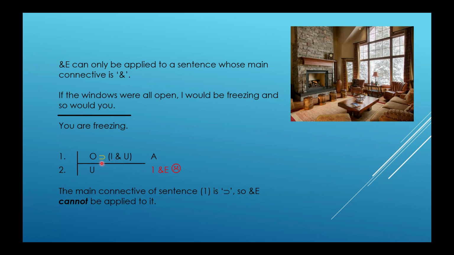You could apply conditional rules to this if you had other things that allowed you to do that. We'll look at conditional rules in a later video. But you can't apply the conjunction rules to it. So this is not a correct derivation, which parallels the fact that this is not a valid argument. So those are the rules: reiteration and the two rules in SD that govern conjunctions.